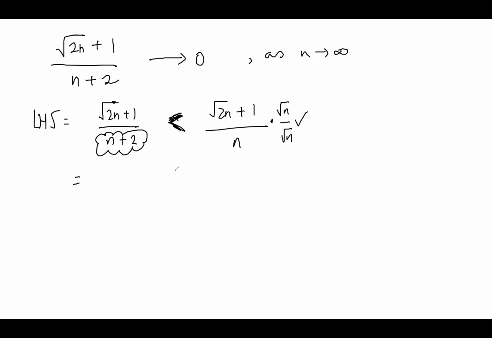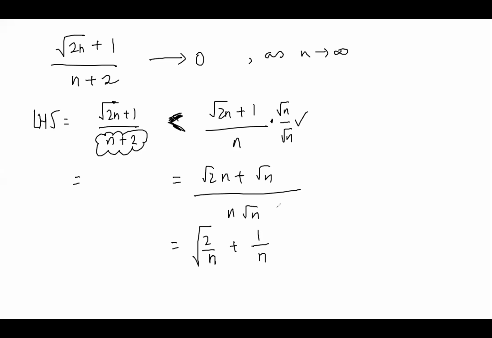So that will be the square root of (2n plus 1). Then you probably have to do some expansion. Yeah. So that will be the square root of 2 times n plus the square root of n, over n times the square root of n. Then I split the fraction, become the square root of 2 over the square root of n, plus 1 over n.